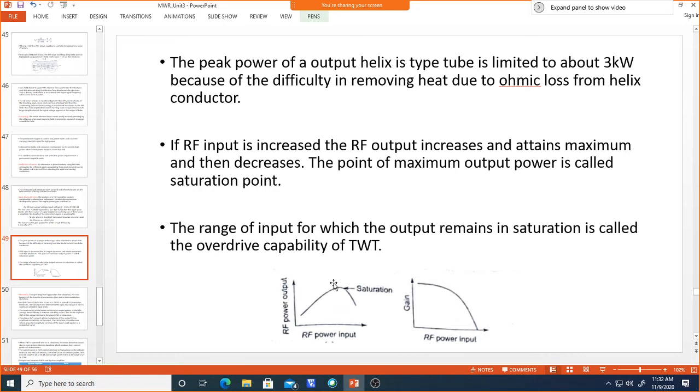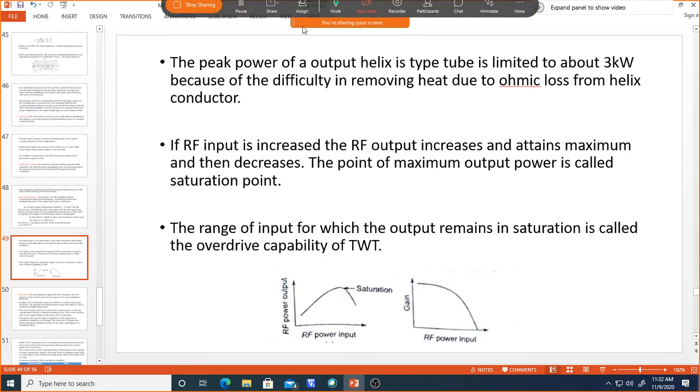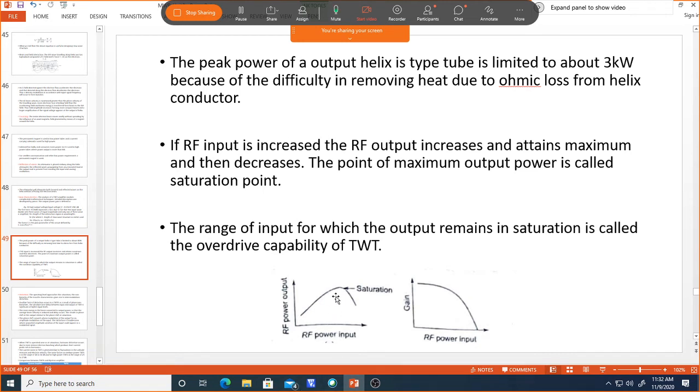Now this range of input where the maximum gain is attained is called the overdrive capability of the TWT. Here, for example, at this point the gain is high, so it is called the overdrive capability of the TWT.